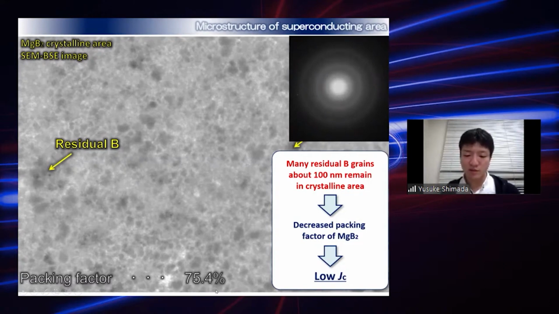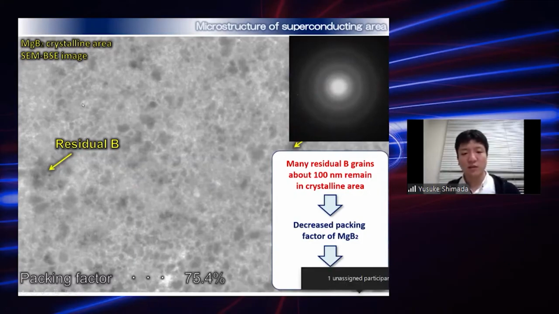Of course, this value is higher than any other MgB2 wires fabricated by such methods, and it is the reason that this wire has a high critical current. On the other hand, these residual boron grains decrease the packing factor and JC of this wire. So if we can control this residual boron, the wire's JC properties can be enhanced.